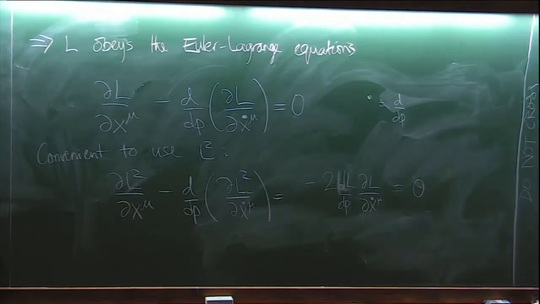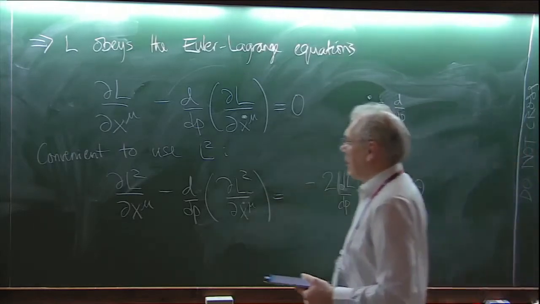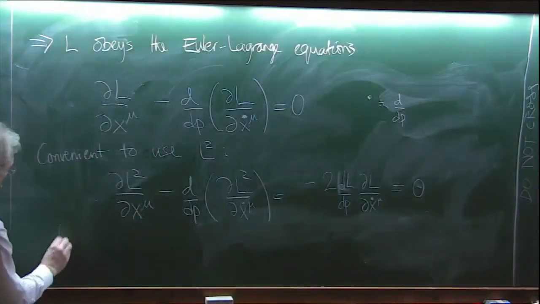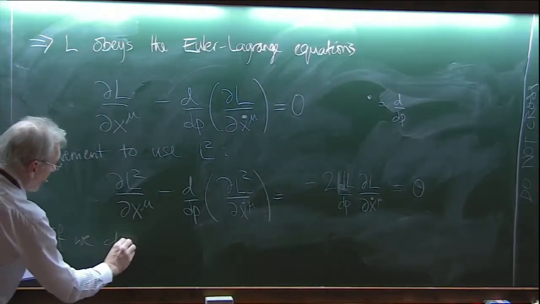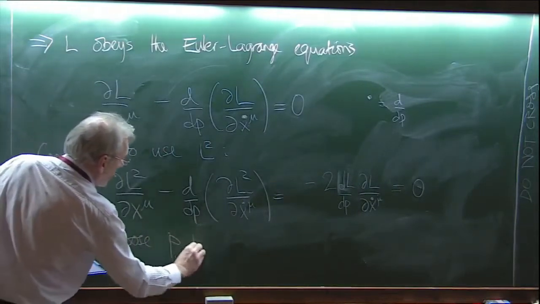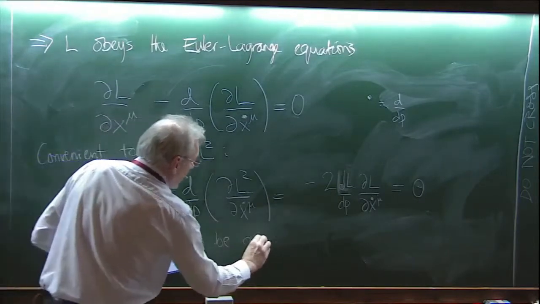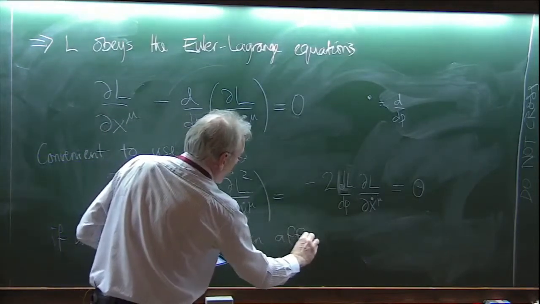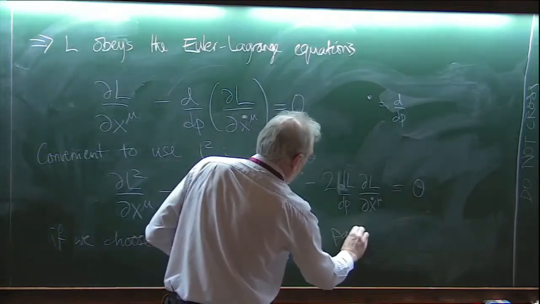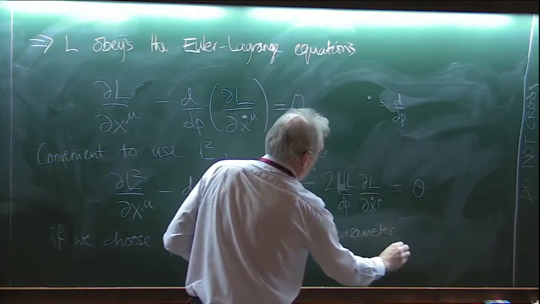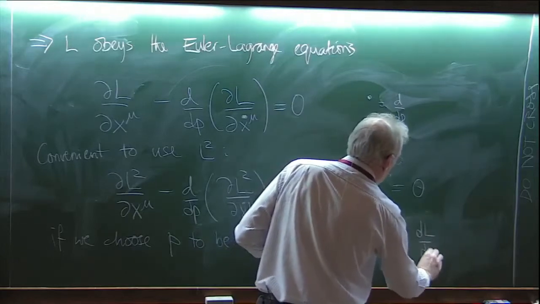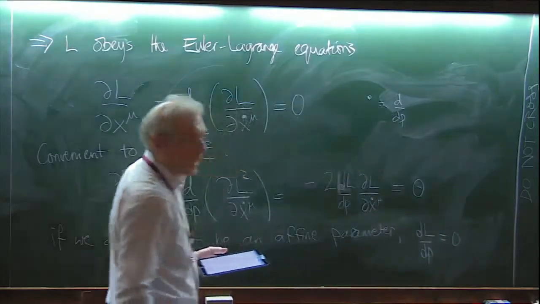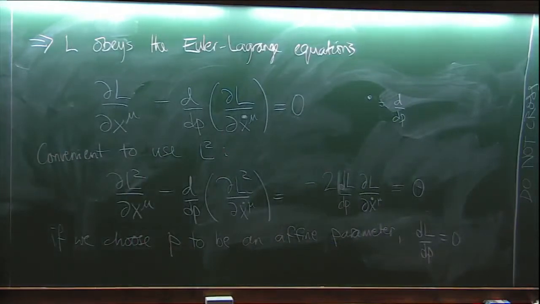However, at the moment, p is just some arbitrary parameter that increases along the world line, but we can make a specific choice or restrict it to a particular set of parameters called affine parameters, where dL by dp is equal to 0.